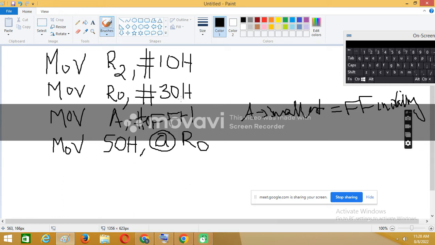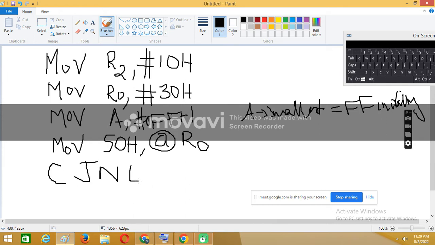So the 16 locations from 30 you are not supposed to write. Anyway, 50 is far away from that. So you take your first number to 50. Now, the smallest number is in A and your first number is in internal RAM location 50H. Now I will compare between them.